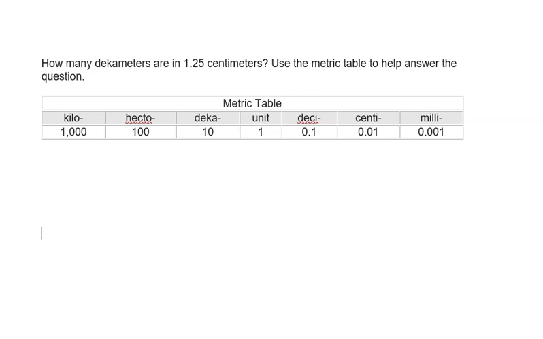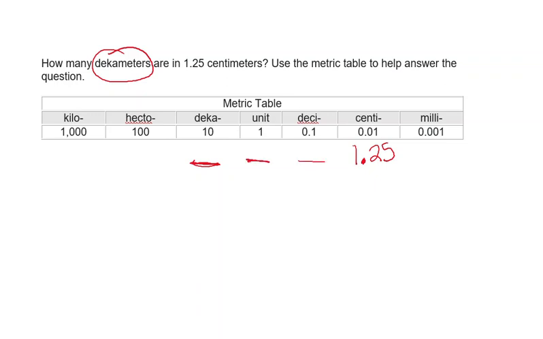So in this question, we have how many decameters are in 1.25 centimeters. So I'm going to start by saying under centimeters, I have 1.25 centimeters. Now I need to find where decameters is in my chart. It is right here.